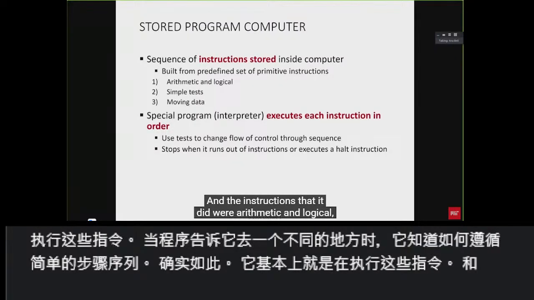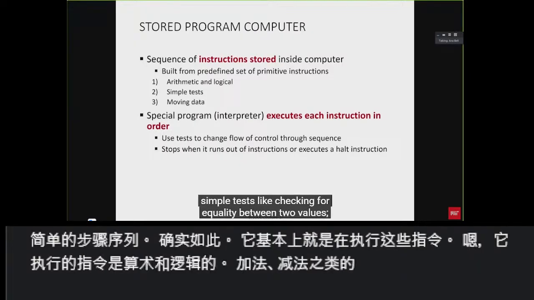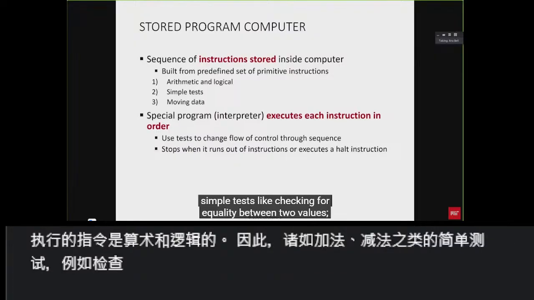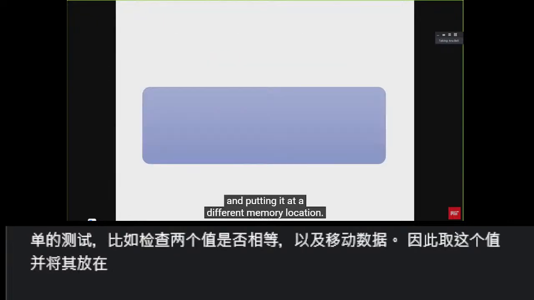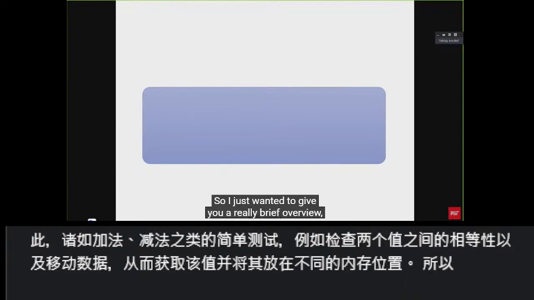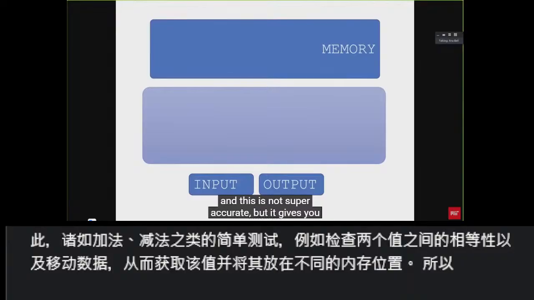The instructions were arithmetic and logical, so addition, subtraction, things like that. Simple tests like checking for equality between two values, and moving data, so taking this value and putting it at a different memory location. I just wanted to give you a really brief overview, and this is not super accurate, but it gives you a sense of how things happen at a low level in the computer.